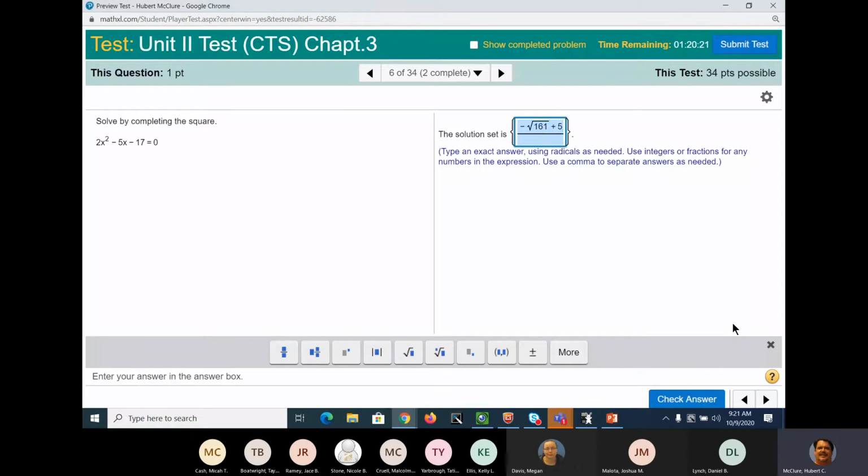And then move to the right, comma, and put another fraction, square root of 161 plus 5 divided by 4. That should be your answer.